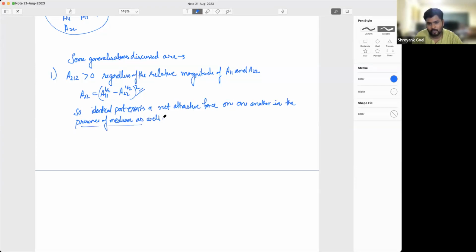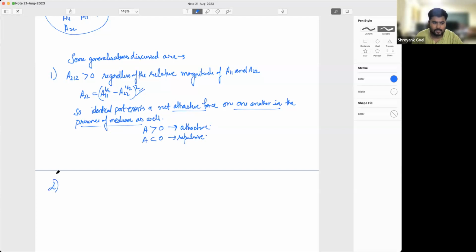This is the important point to note: the net attractive force is there in the presence of a medium as well. We know that when A is positive, it is attractive, and if it is negative, then it's repulsive.